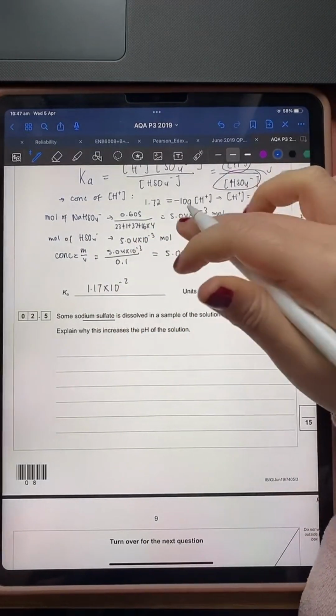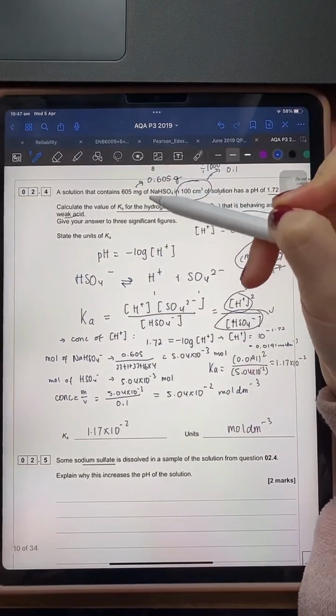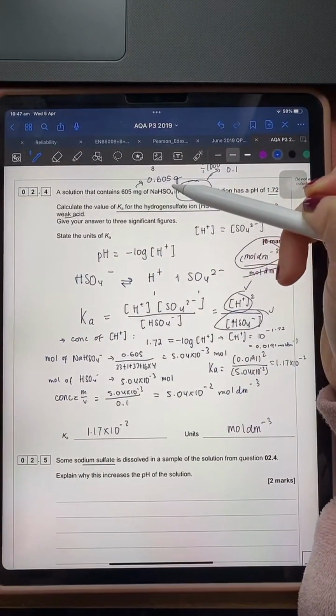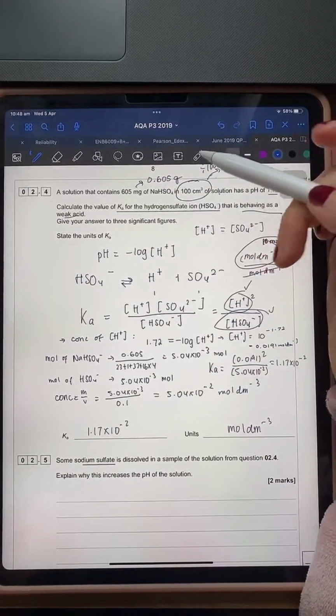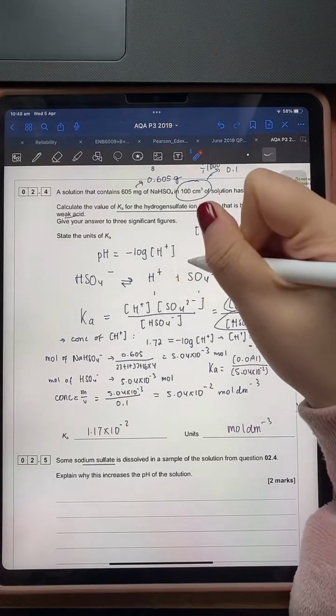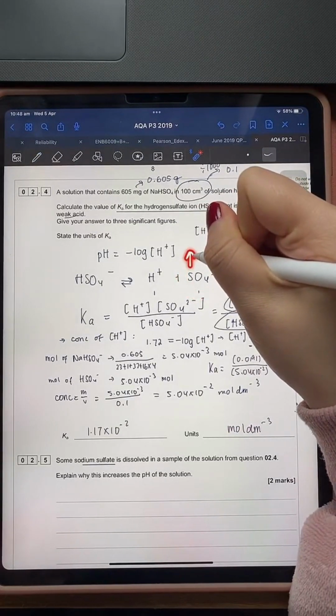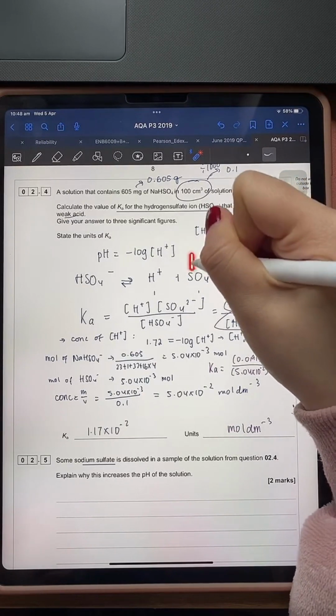This means that we're adding more of the SO4 2 minus here. We know the equilibrium looks like this. So if you increase the concentration here, increasing concentration always moves the equilibrium to the opposite side. So if you increase it over here, then it will move there.